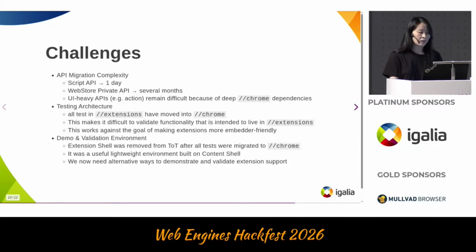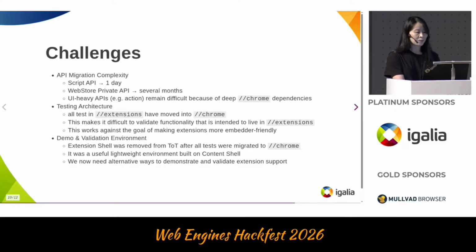Before wrapping up, I'd like to briefly talk about some of the challenges we've encountered during this migration effort. The first challenge is API migration complexity. Not all APIs are created equal. The amount of work required depends heavily on how tightly the API is coupled to the Chrome layer. For example, the Script API had relatively few Chrome dependencies and was migrated in just a single day.